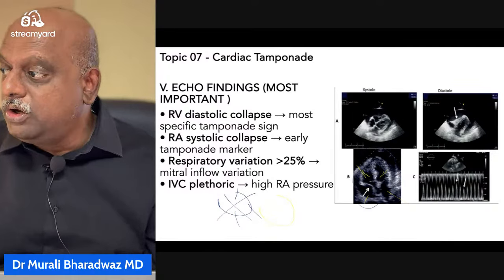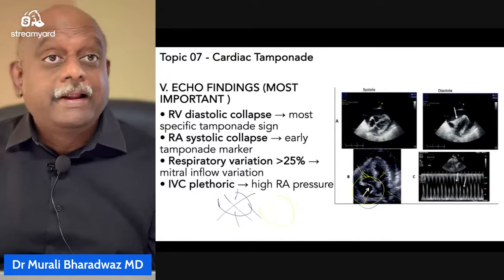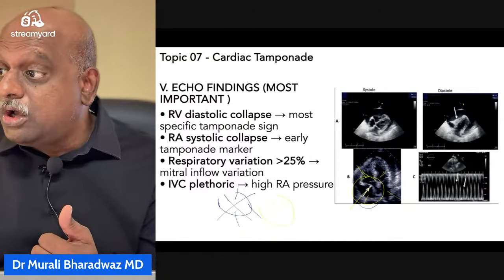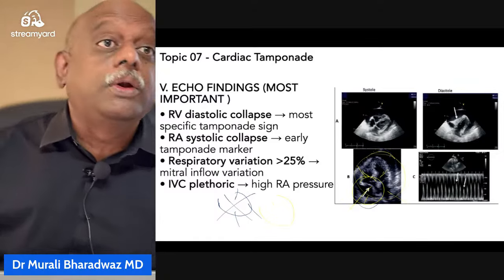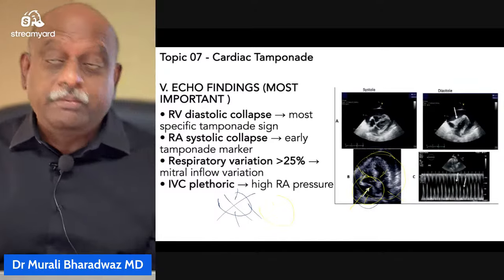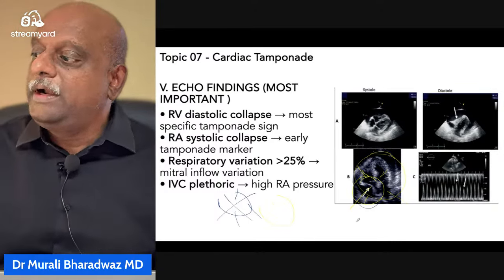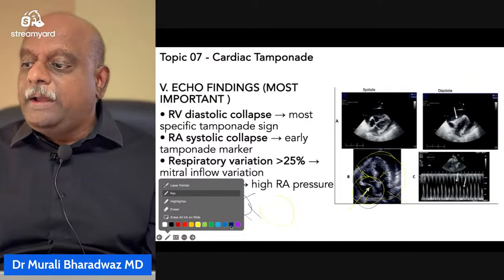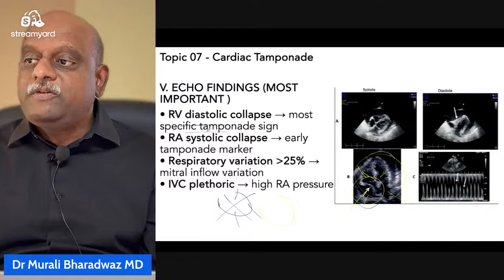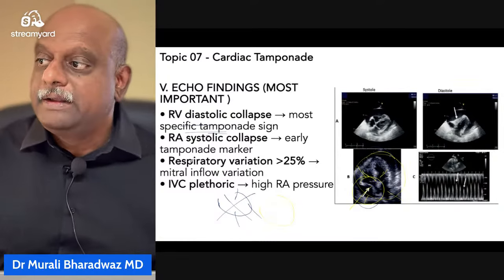Right? So, what happens here? There is a diastolic collapse, which is the hallmark on 2D echo in a 4-chamber view, which you need to demonstrate.